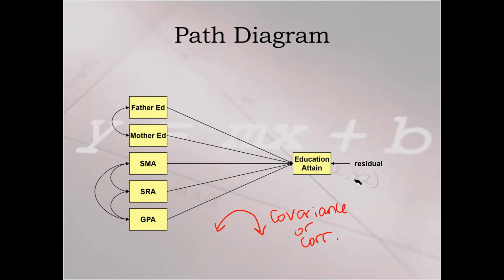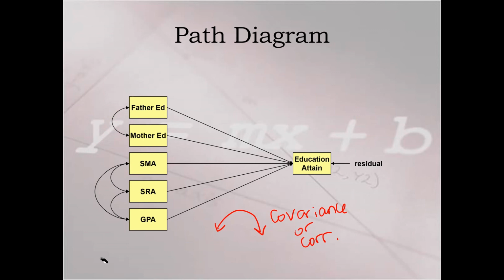So what I showed you here was just the covariance between mother ed and father ed. We don't know why they have their values, but we do know that they might be related to each other. So we draw that arrow. And like I said, R automatically draws the covariances among absolutely every one of these variables. It just does that because it doesn't care why you have that value, but it might be related to these other exogenous variables.